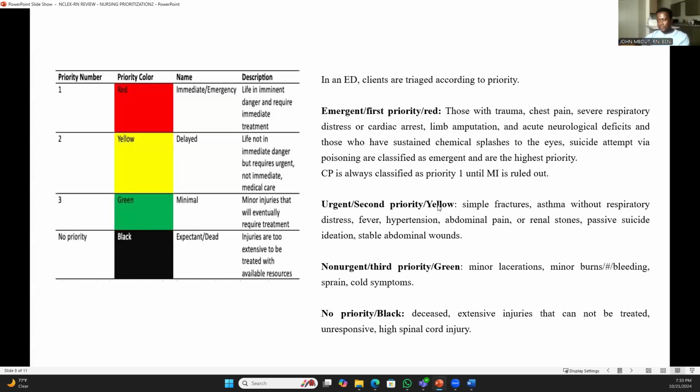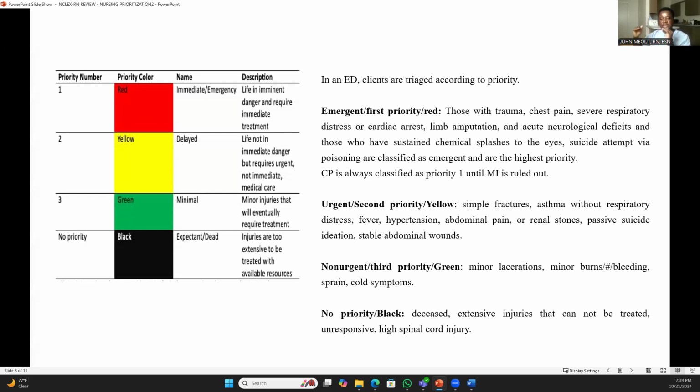Now, let's use this question to revise what I was saying. Priority number one, the red zone, red color, is called the immediate, the emergent. You have to attend to these immediately. These are life-threatening conditions: chest pain, trauma, severe respiratory distress, cardiac arrest, limb amputation, these conditions that I've listed here.